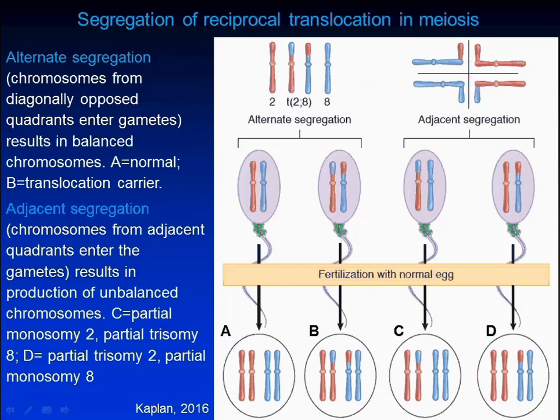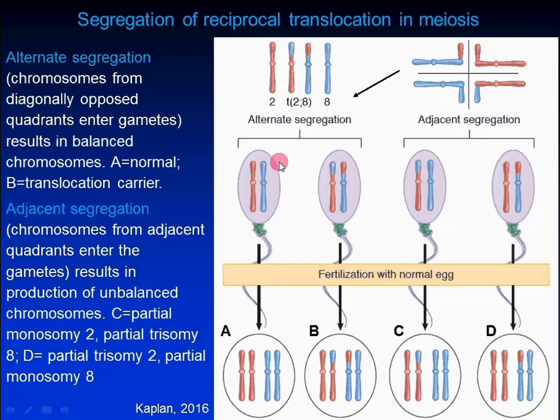For alternate segregation, chromosomes from diagonally opposed quadrants enter gametes. For example, these 2 chromosomes enter one gamete, and the other 2 enter the other gamete. It results in balanced chromosome.